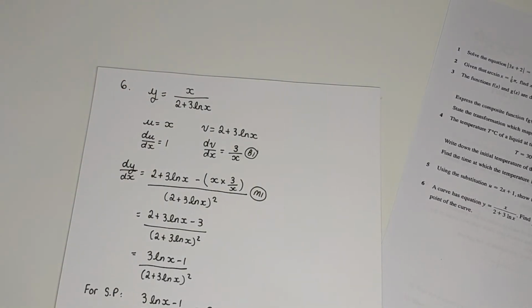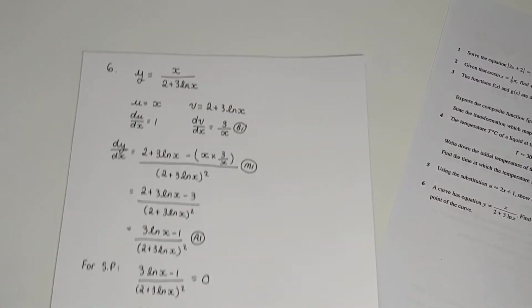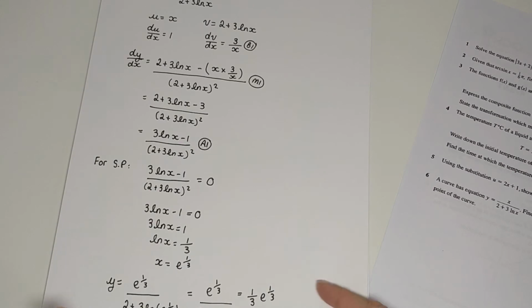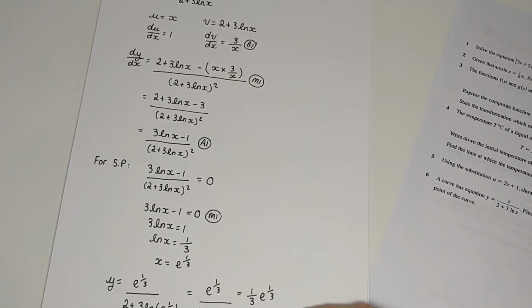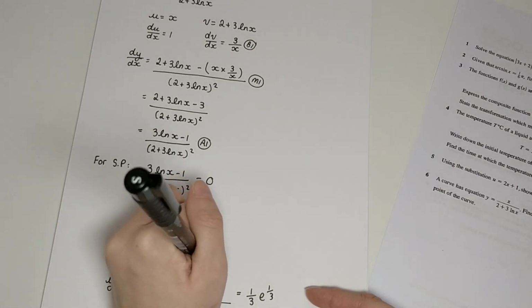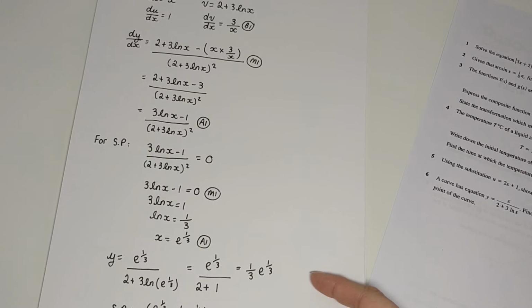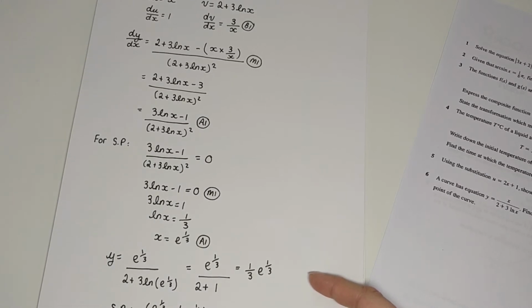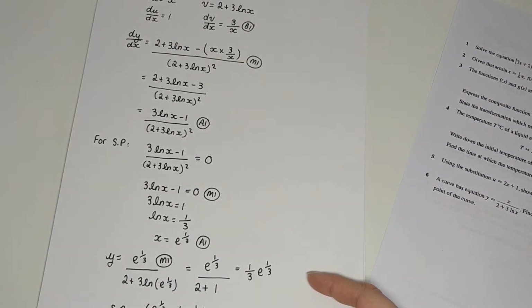Accuracy 1 for that. And then M1 for making the numerator of this 0. And accuracy 1 for the x coordinate. Correct answer only, so no follow through marks there. M1 for then doing the substitution for y.